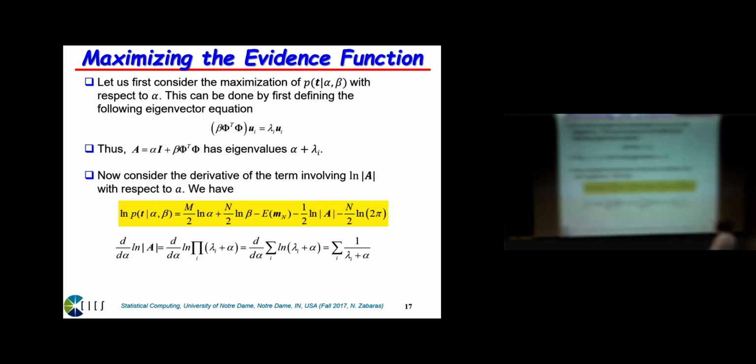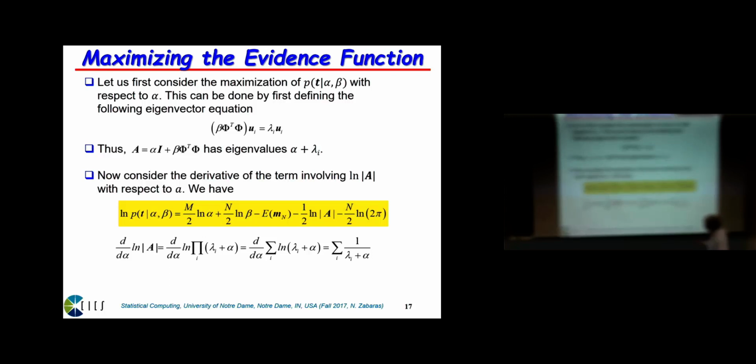Now, why do I care about the eigenvalues? Because you have to take derivatives of the log of the determinant of A with respect to alpha. A nice way to write the determinant is to take the product of the eigenvalues. Does that resonate from anything in a previous life? To find the determinant of a matrix is really the product of the eigenvalues.